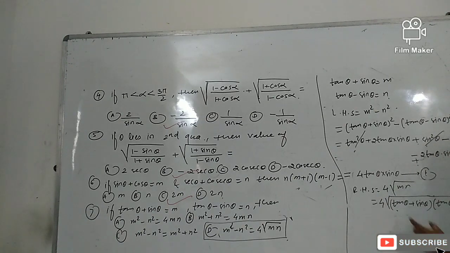These two values are in the form of a plus b and a minus b, so this product is a square minus b square. So for the square root you will get tan square theta minus sin square theta. So equation 1 and 2 do not match, so we have to further simplify this.